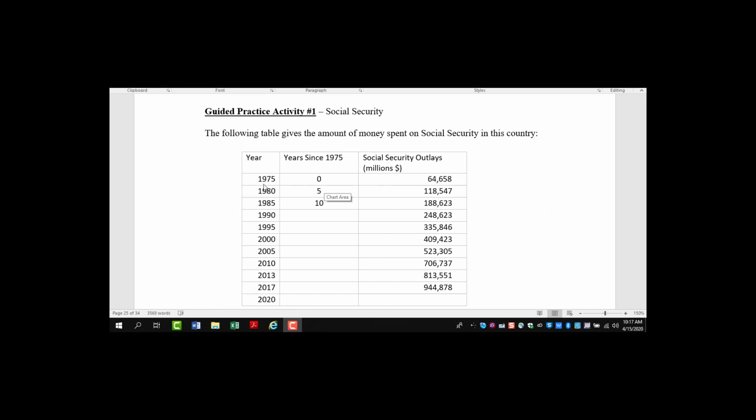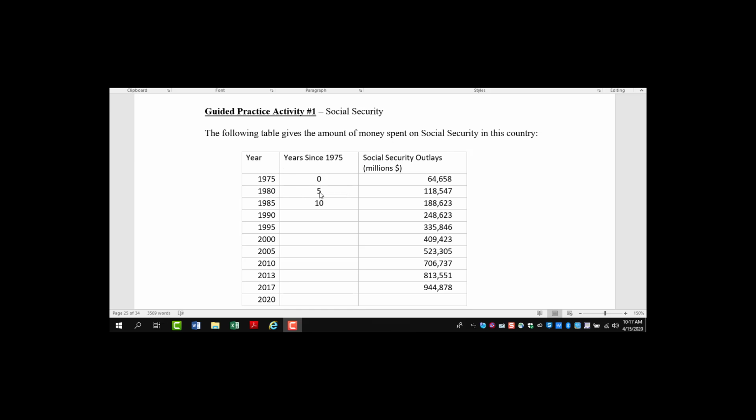This is the actual data that was put in Excel in one column, and then the outlays: the years, the input, and the amount spent on Social Security, the output. Now, this is how you would probably do it. You do years since 1975, so you'd start with 1975 being year 0.